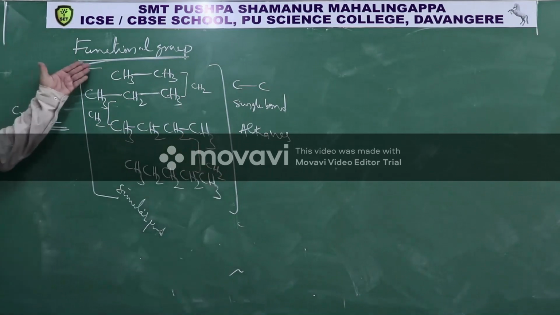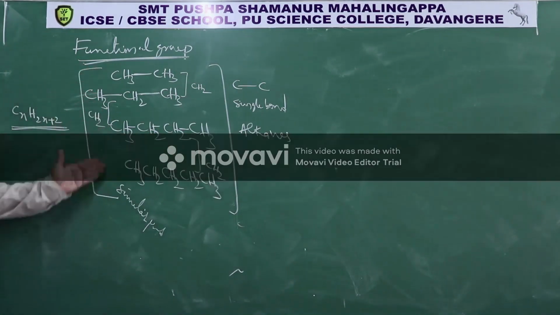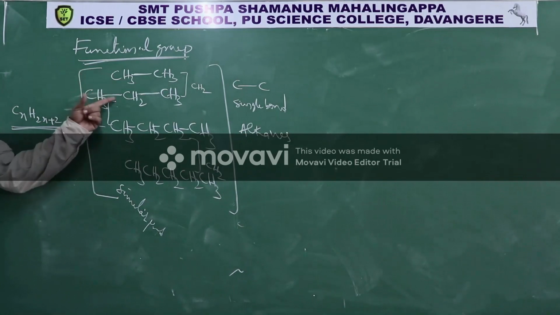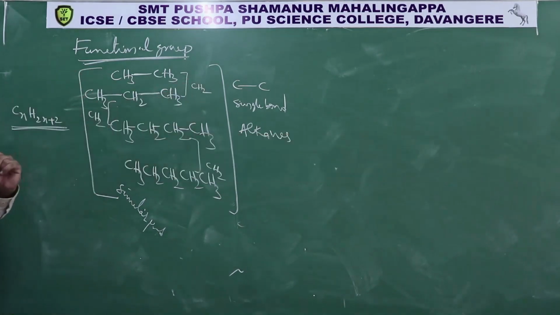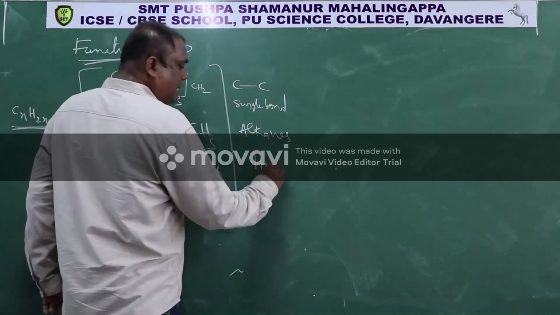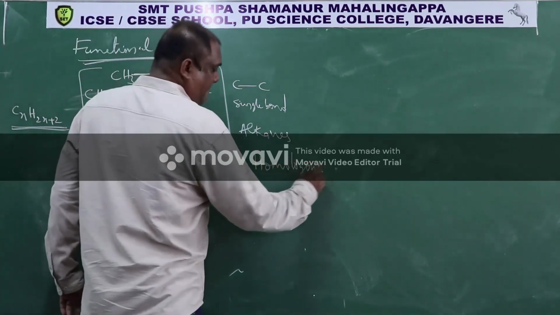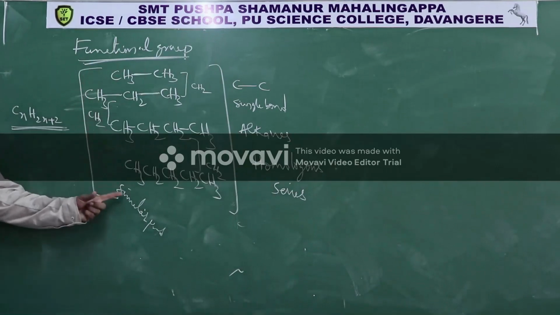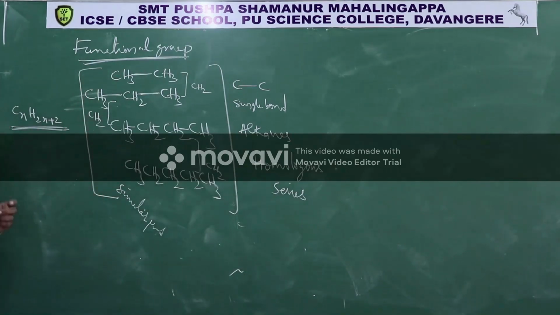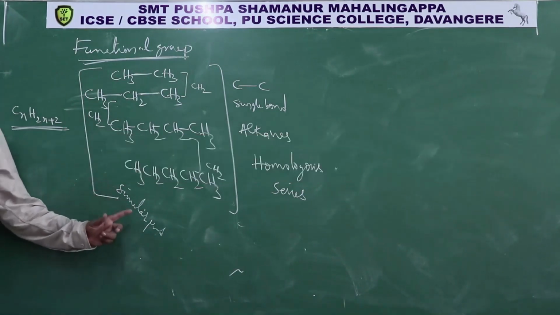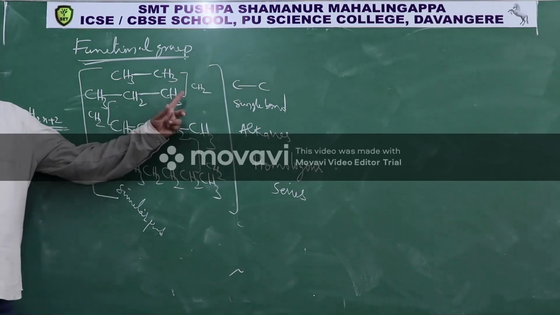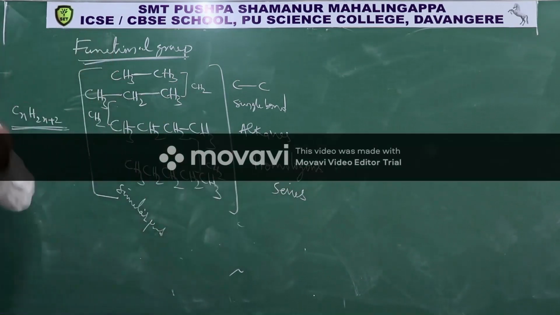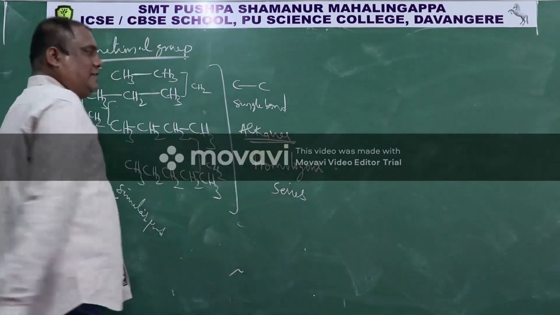So a series of organic compounds having similar properties, represented by a common general formula, with similar structure, where two successive members differ by CH2, is called a homologous series. The name of this homologous series is alkanes.